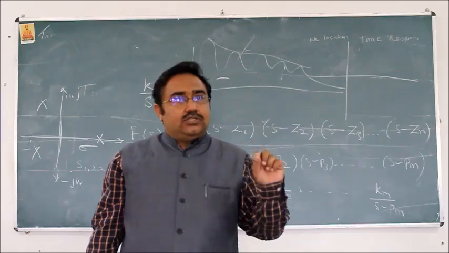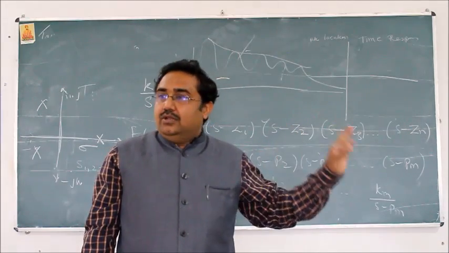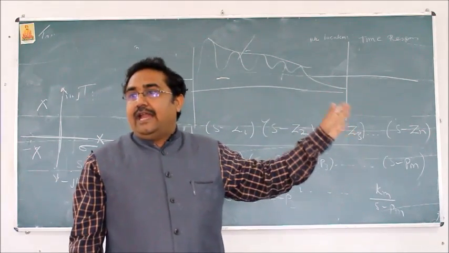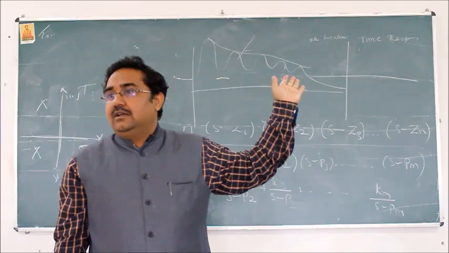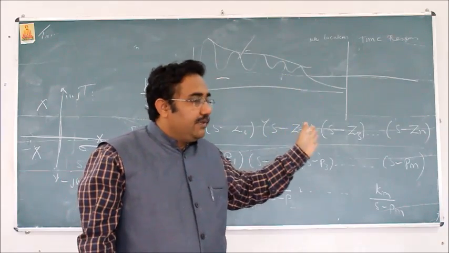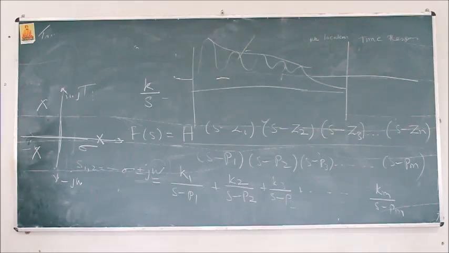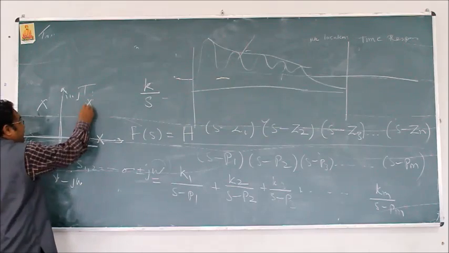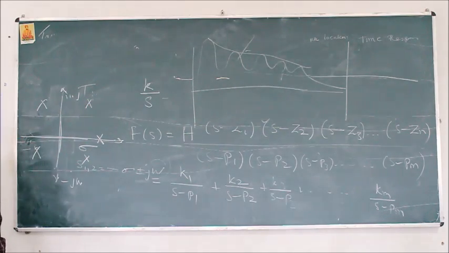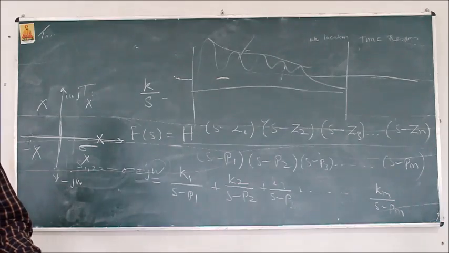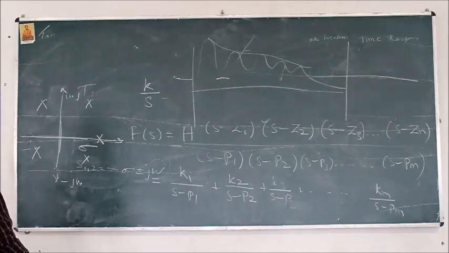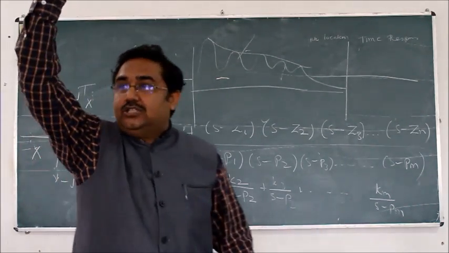So, if complex conjugate poles are lying on the left hand of the S plane, we have an exponentially decreasing response. Now, it's the opposite case. If you have complex conjugate poles lying on the right hand of the S plane, just the opposite, what will be there? Exponentially increasing oscillations.